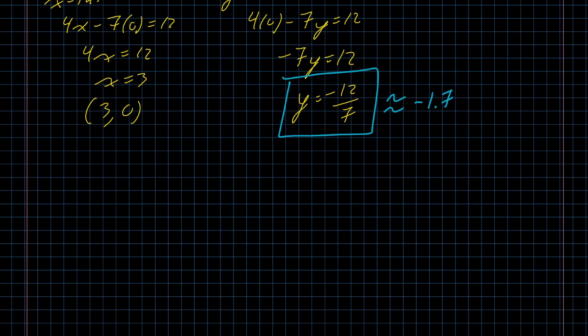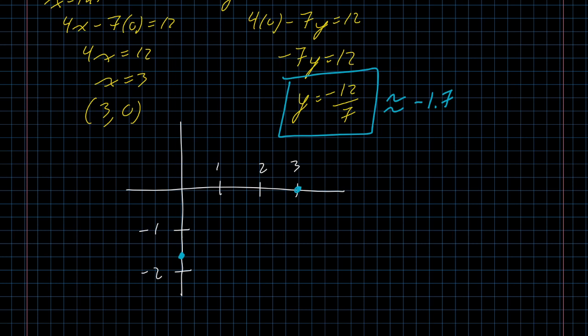Honestly, negative 1.5 is close enough because when I'm drawing coordinate axes and trying to find a value, I can't really tell the difference between negative 1.5 and negative 1.7. But I know that it's somewhere around there. (3, 0) is a lot easier.